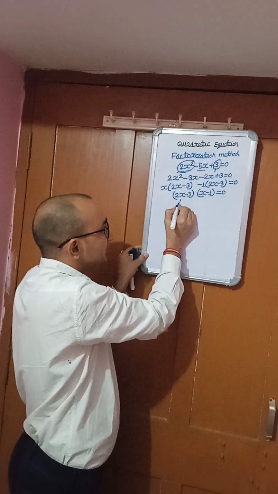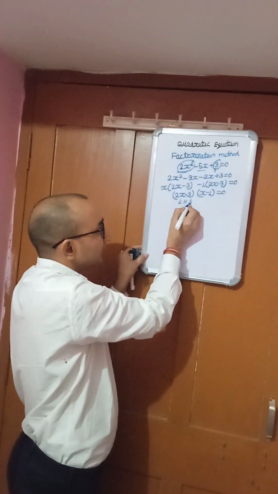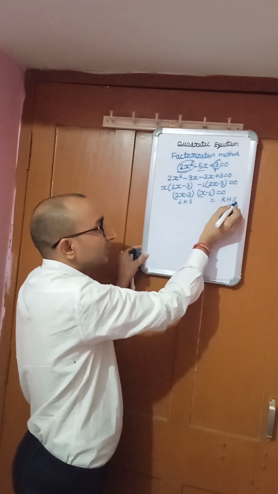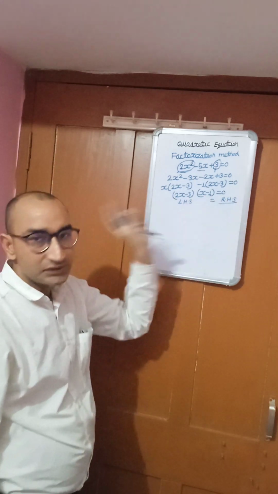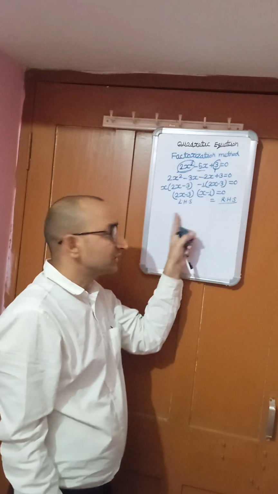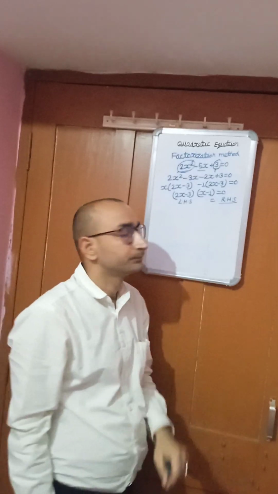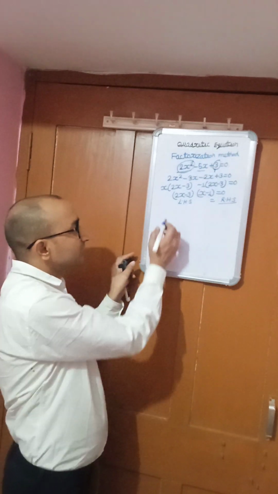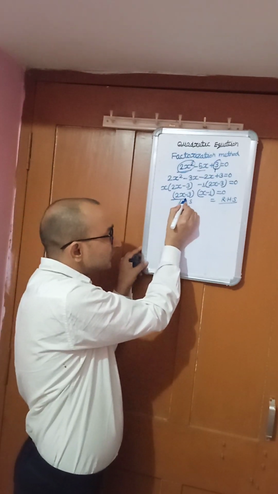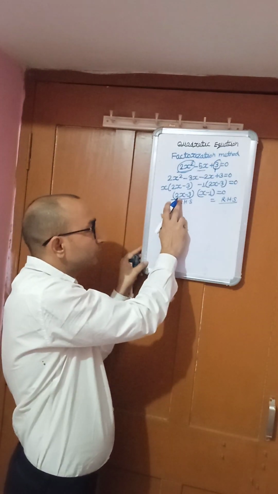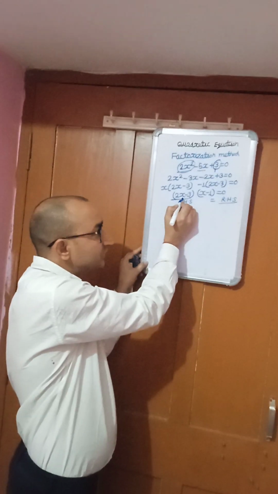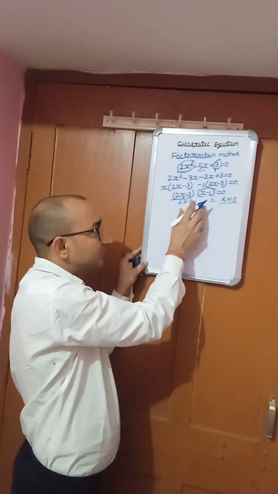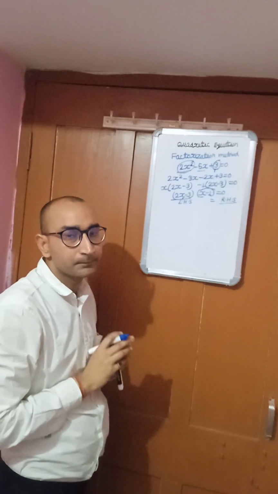See here, this is LHS and this is RHS. RHS is 0 here. This means if RHS is 0, LHS should be 0. For LHS to be 0, 2x minus 3 should be 0. If this is 0 and multiplied with this bracket, then LHS is 0.